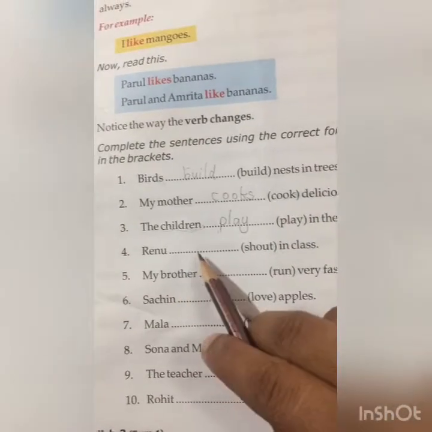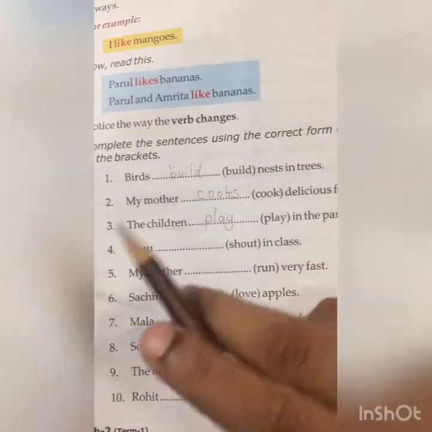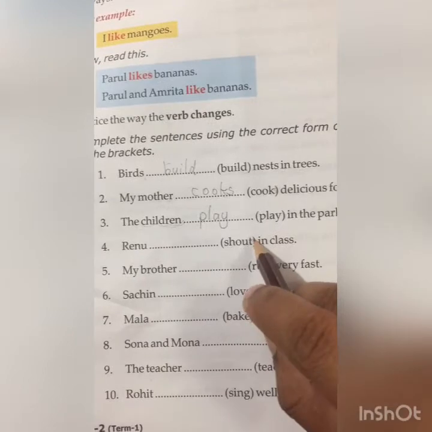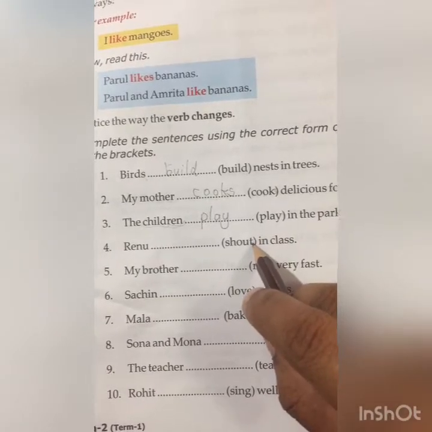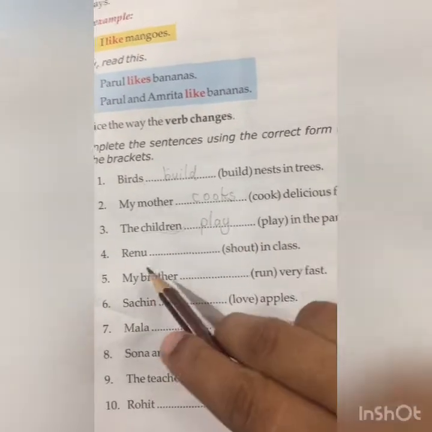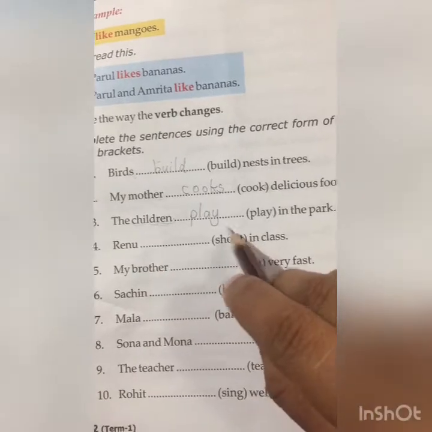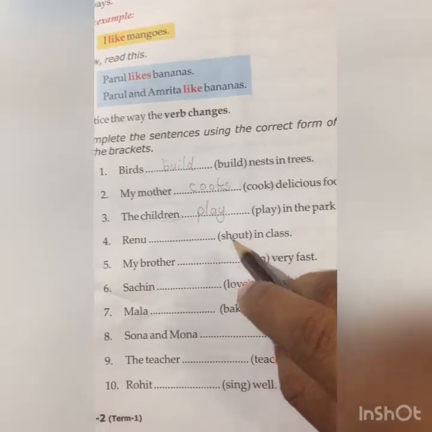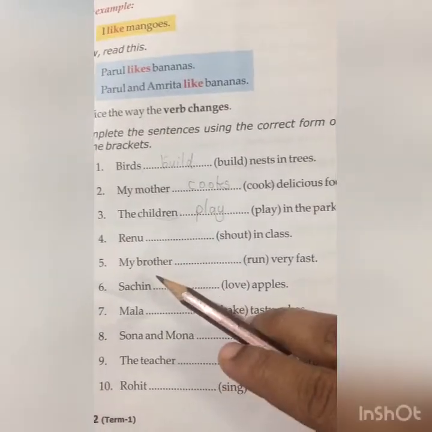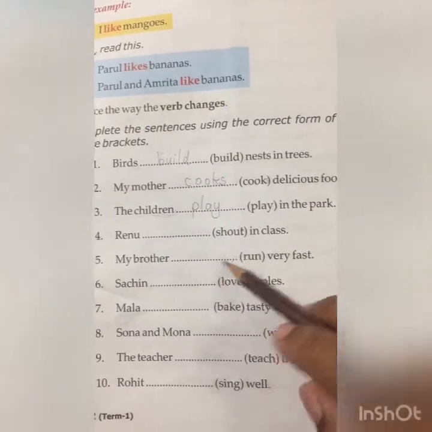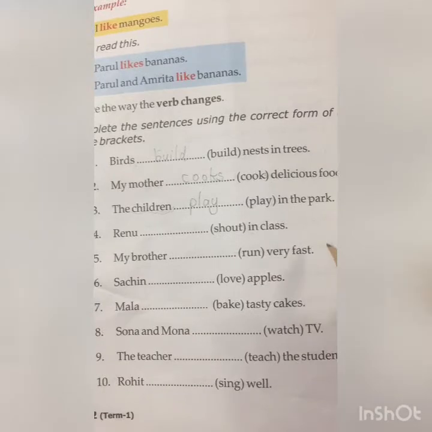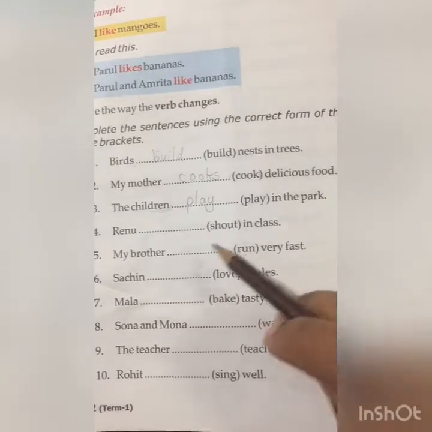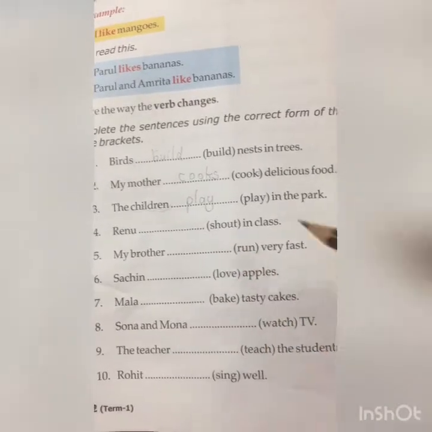Like that, if it is singular, you have to add an S with the verb, and if it is plural, you have to write it as it is given in the bracket. Next one, my brother dash very fast. You have to write whether it is run or runs.